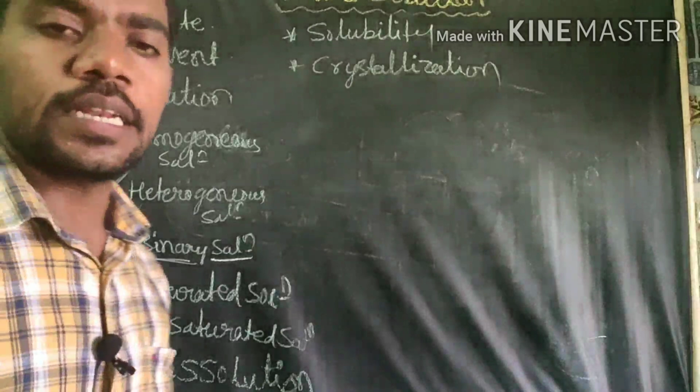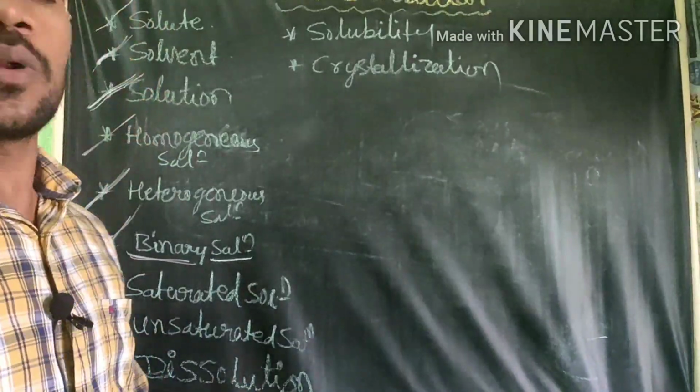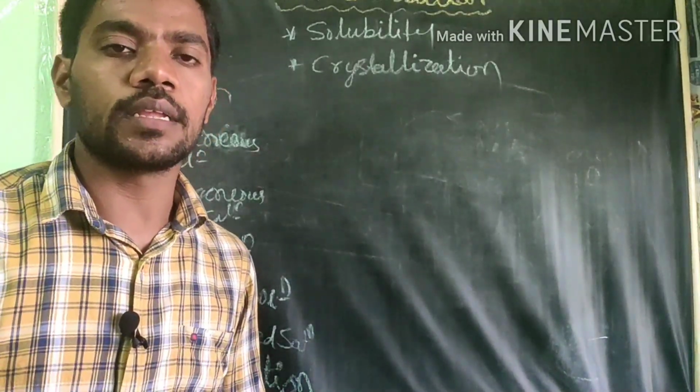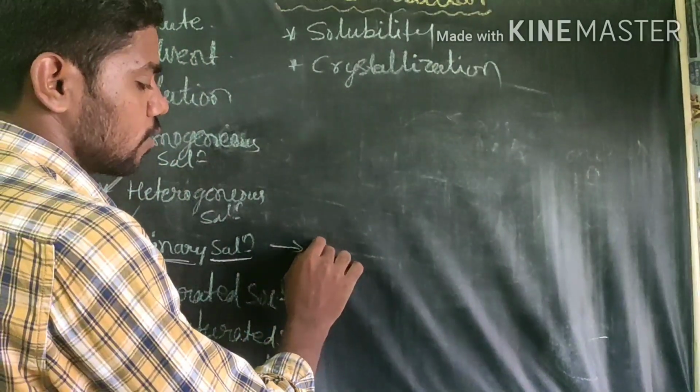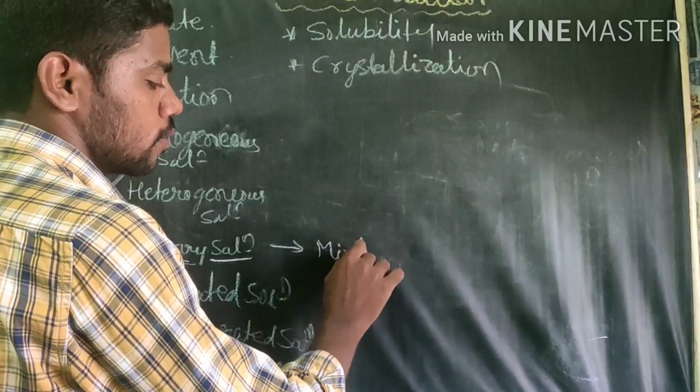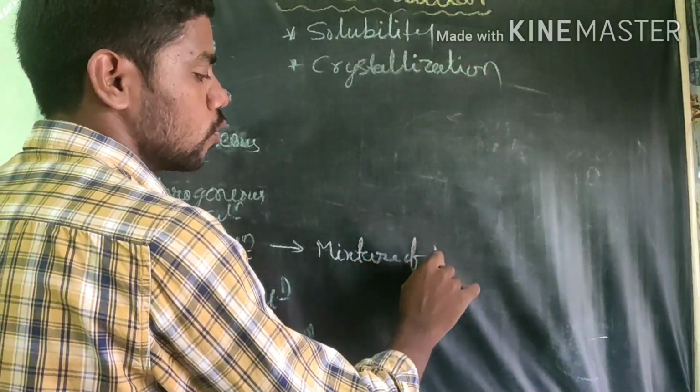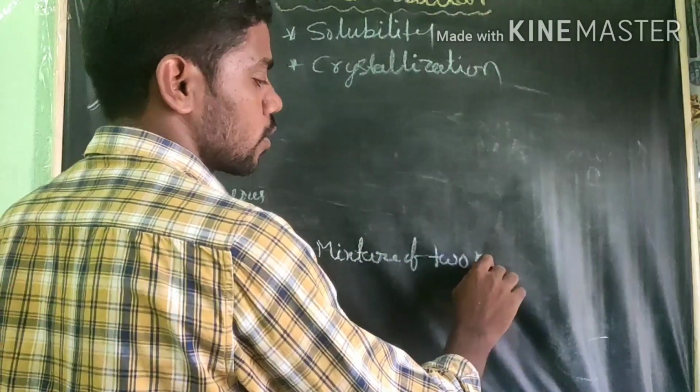One more way we define this binary solution: it is a mixture of two pure substances.